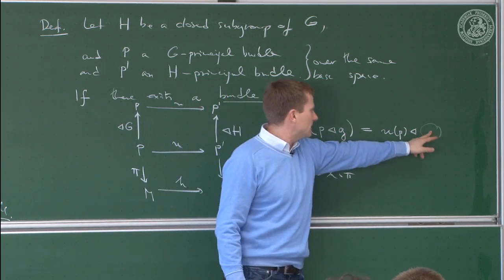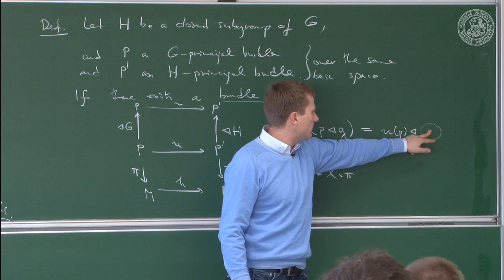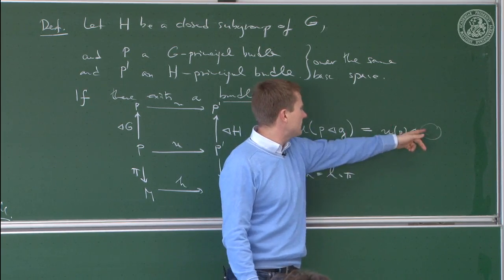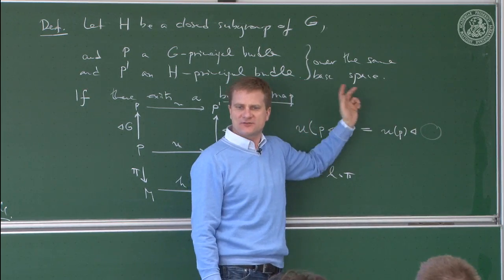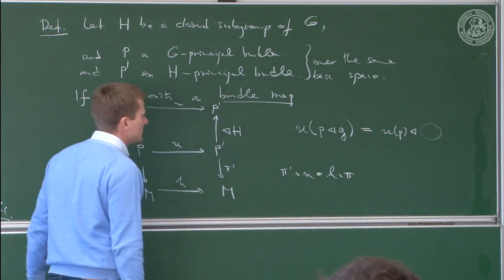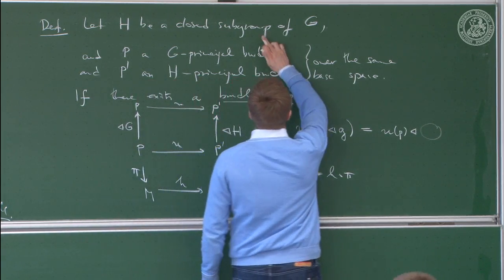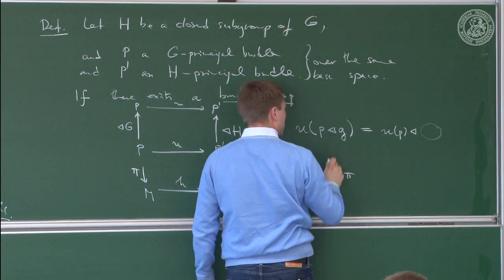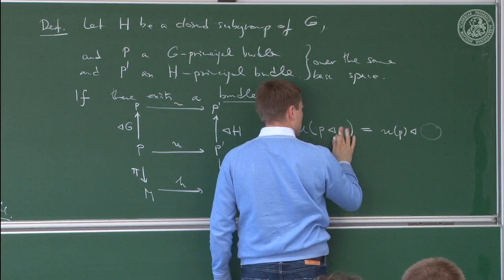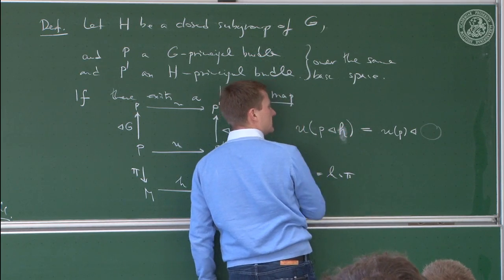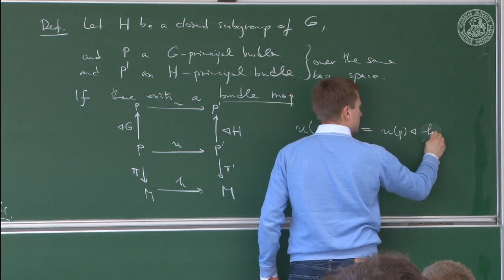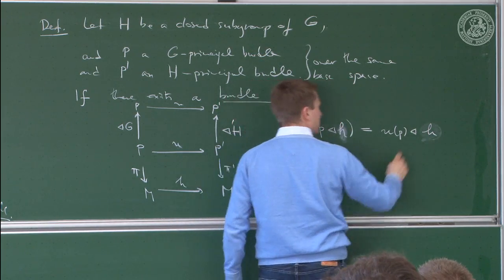If I had a group homomorphism from G to H, I would use rho of G, if rho takes me from G to H or something like this. But I don't have that. But I know that the H is a closed subgroup, and in particular a subgroup. So I can play the game if I restrict here to H, and then I only use the H here, and that should be a primed action.